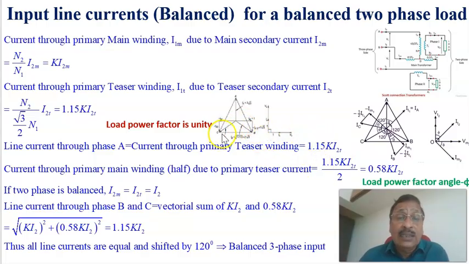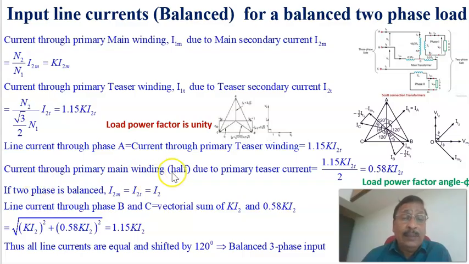The line currents of these three phases will prove that all phase currents are 120 degrees apart and have equal magnitude if you have a balanced load at the output side. Therefore, the line current through phase A is the same as the current through the teaser primary winding, which is equal to 1.15 times K into I2T.